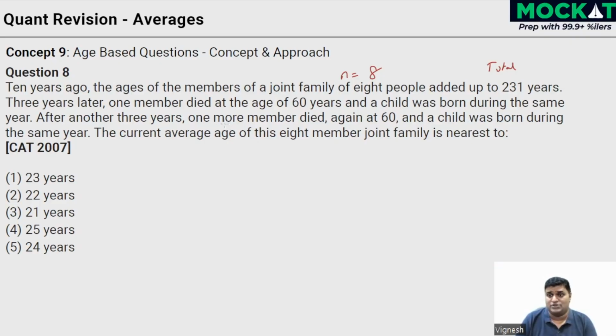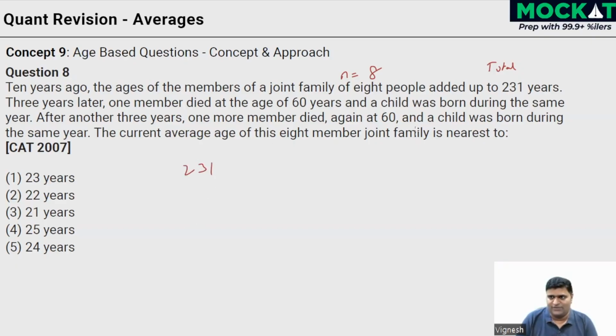After another 3 years, one member died again at 60 and a child was born during the same year. Net impact is just a minus 60. So the number of people remains 8 because when the person dies, the child is immediately born. So it's taken care of. 2 times 60 is removed. 10 years ago, the total was 231.